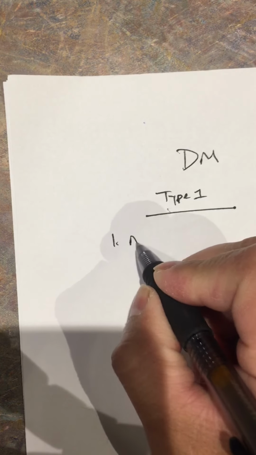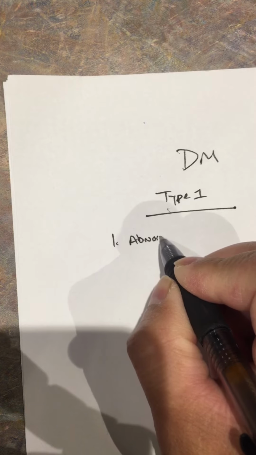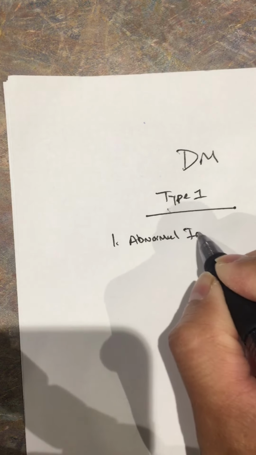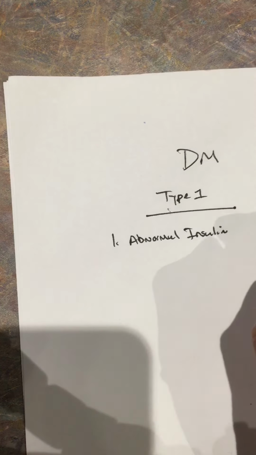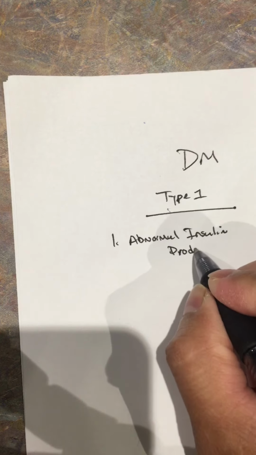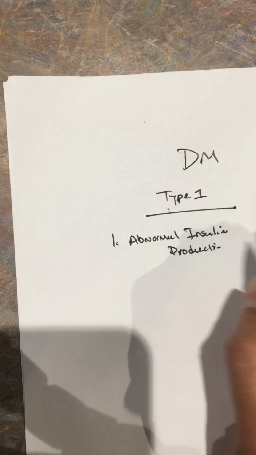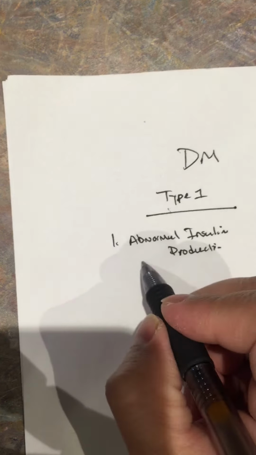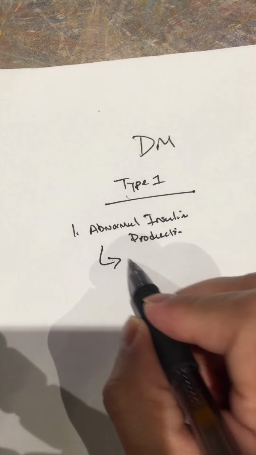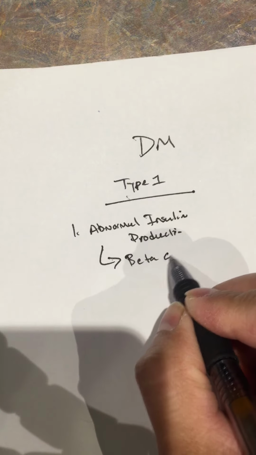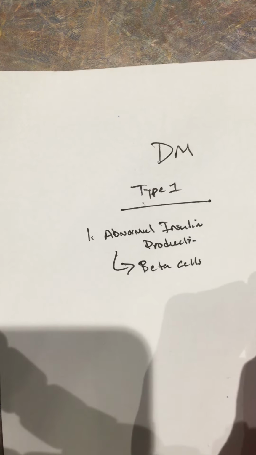Type 1 diabetes. The thing that you must understand is that diabetes results from abnormal insulin production. That is number one, abnormal insulin production. Now, in type 1 diabetes, this is due to destruction of the beta cells in your pancreas and the islets of Langerhans.